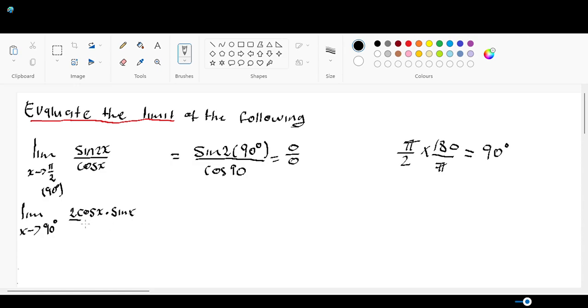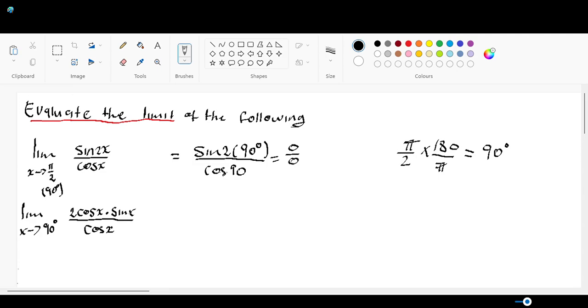By the way, guys, if you don't know where this double identity is coming from, I repeat, on the icon there is a video whereby I explain, in fact I derive, these double identities.